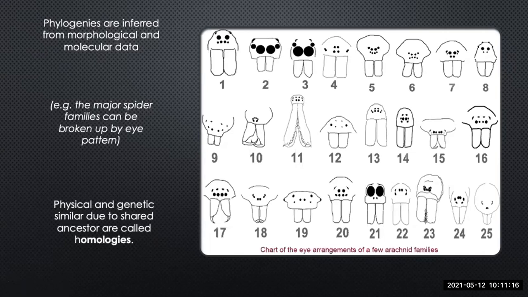And so we thought that these two were more related than they were based on the fact that they're both hunting in similar ways and have similar eye placement. But after looking at genetic features, we actually realized that jumping spiders are a completely different group.